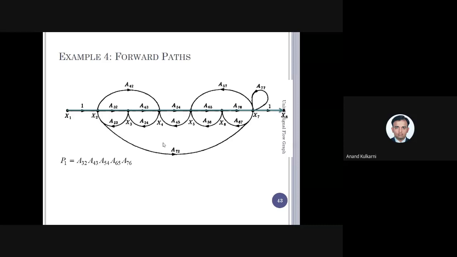The blue or slightly grayish line is your first forward path, that is A32, 43, 54, 65, 76. And the second forward path is this blue line.